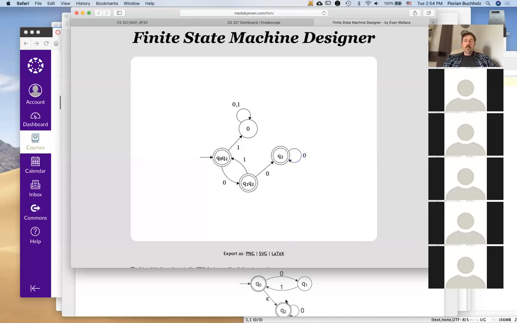And there is no transition on a 1. So we need to transit like this. And now we're done because these were all the states. So we essentially have all the transitions from all the states and nothing of the other stuff.